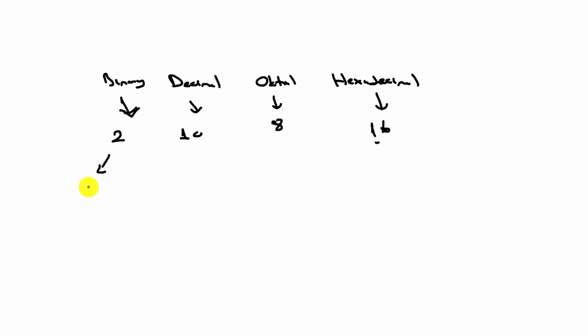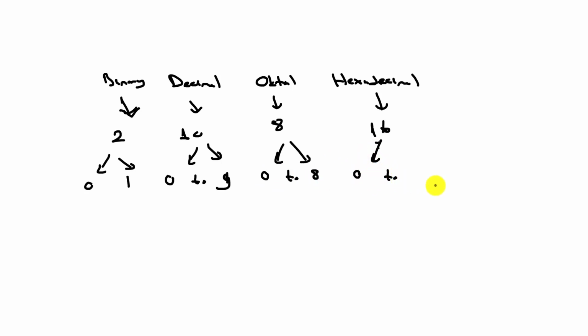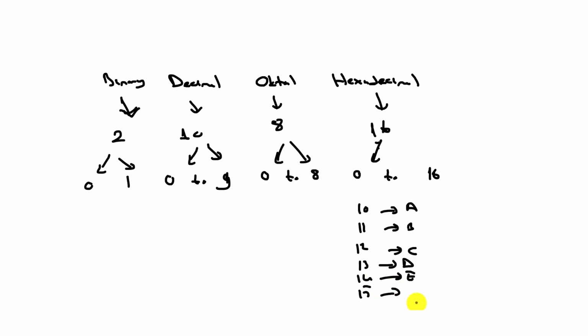Binary numbers are only 0 and 1. Decimal numbers are from 0 to 9. Octal numbers start from 0 to 7. Hexadecimal numbers start from 0 to 15. For 10 we can write A, B, C, D, E, and for 15 we can write F.